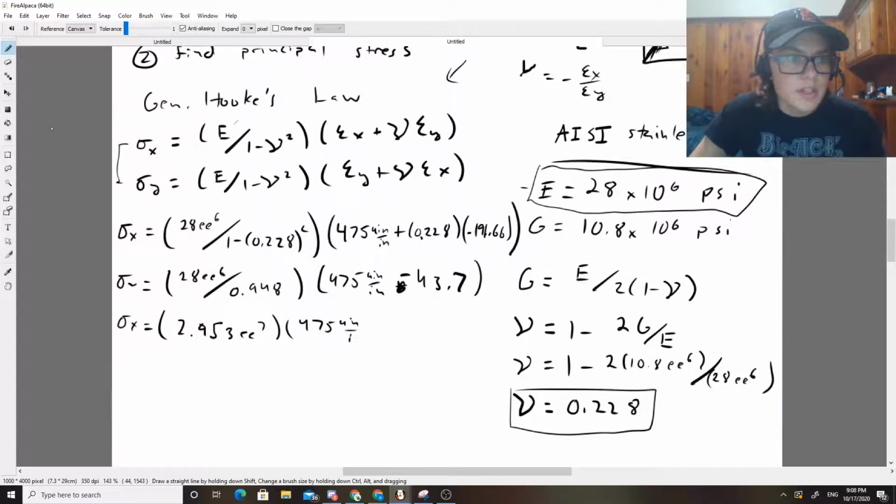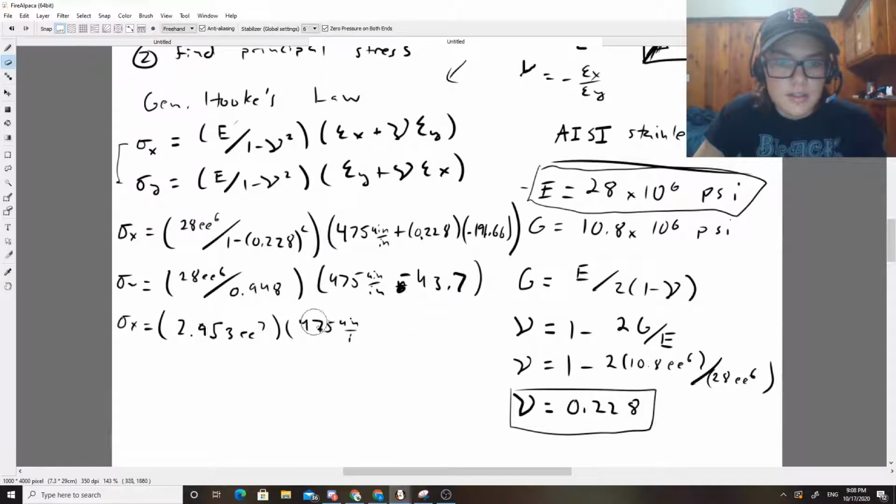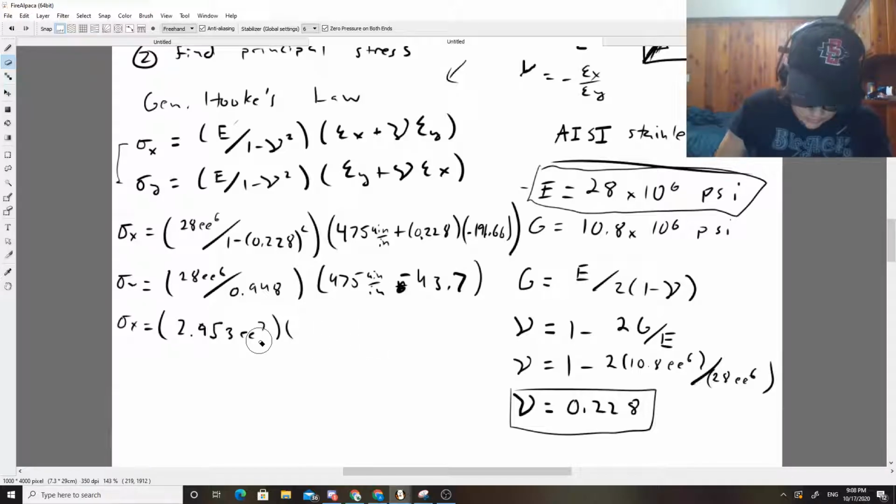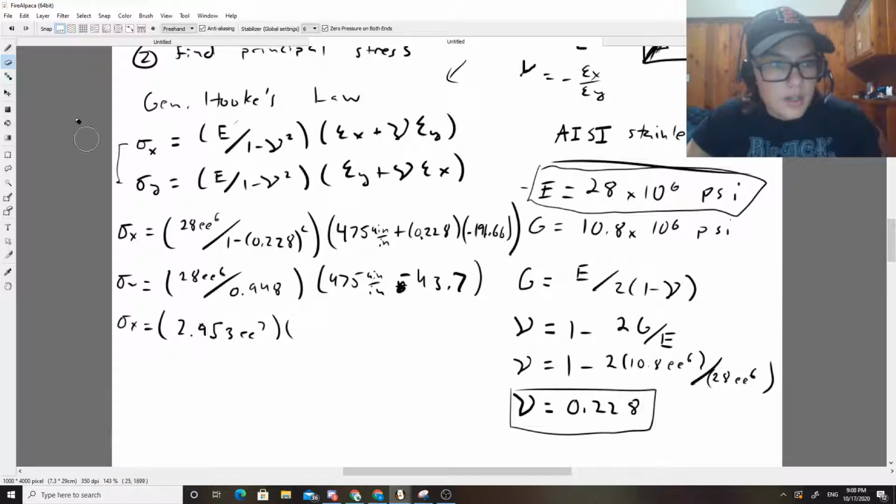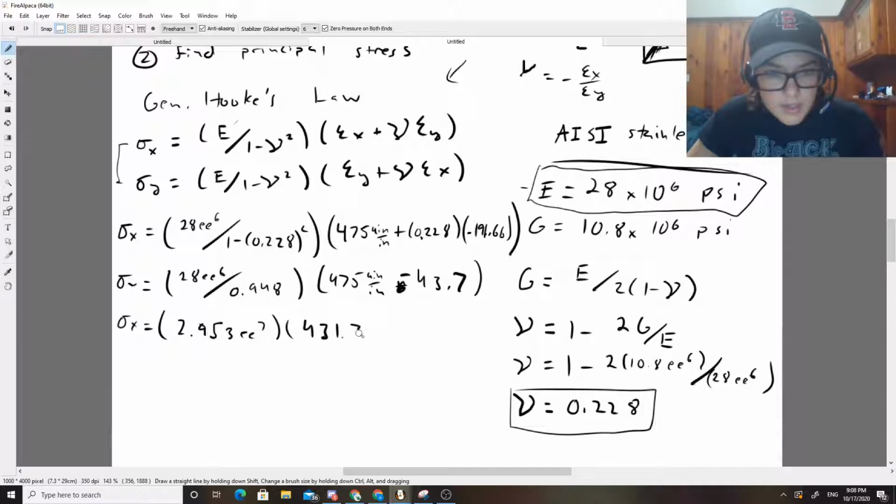Or actually, you know what? Sorry, I can go ahead and do 475 minus 43.7, which is going to be equal to 431.3, and that is in microinches per inch.